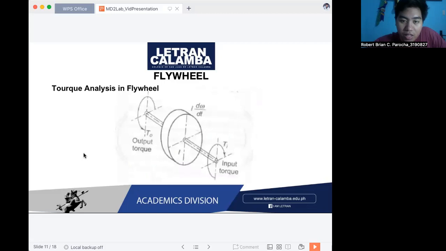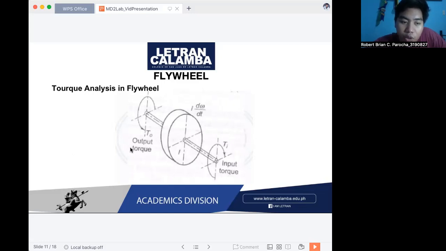Next slide is the torque analysis in flywheel. As you can see on the figure, the flywheel at the middle and at the end of the shaft are two rotating bodies in motion connected by a shaft at the middle.